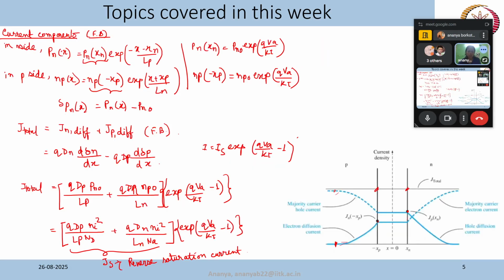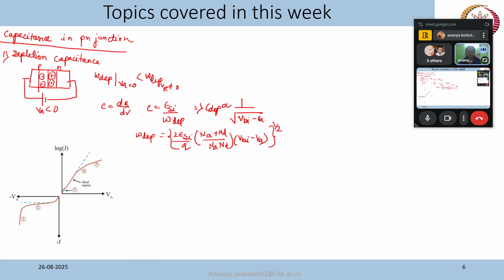It is not as easy to visualize as depletion capacitance, where we know there is a separation of charges. But if you are interested, you can read the book. The only thing I'm saying is that diffusion capacitance is dominant or important if we are applying forward bias. Okay.